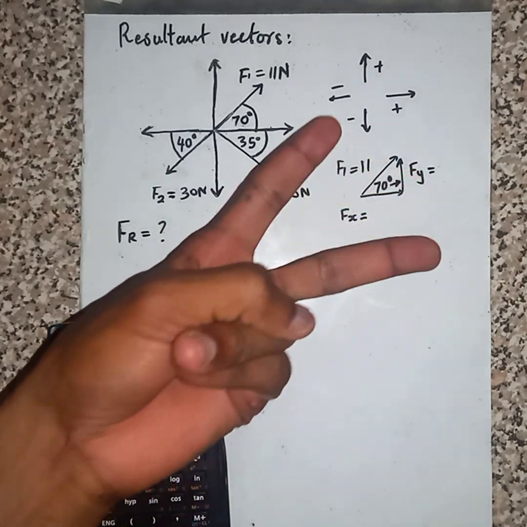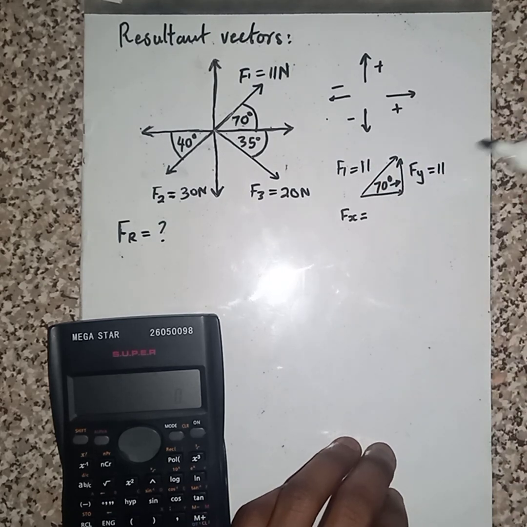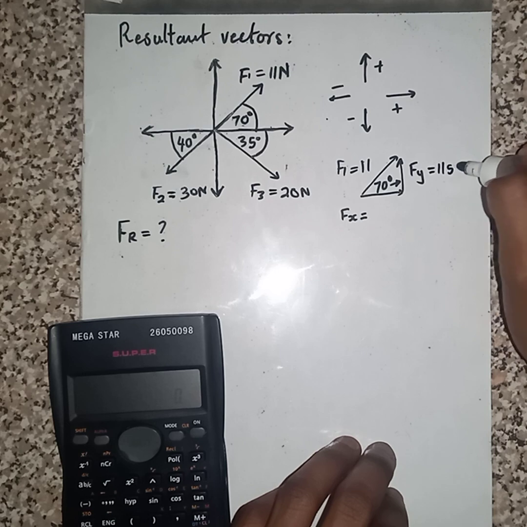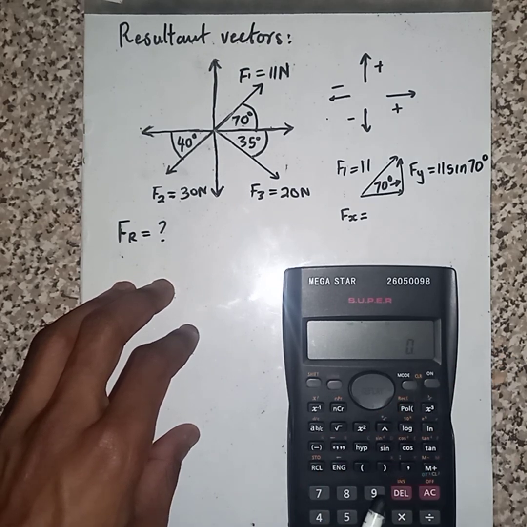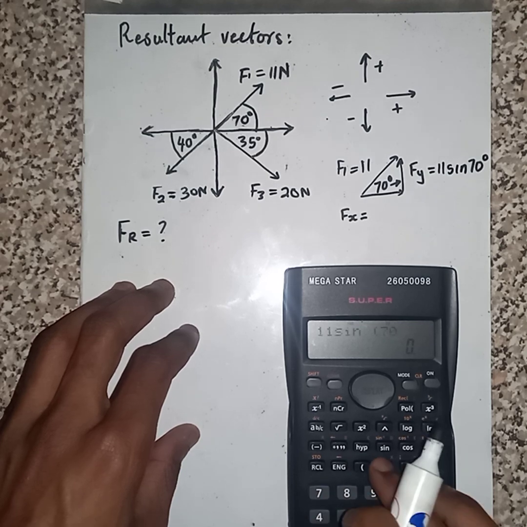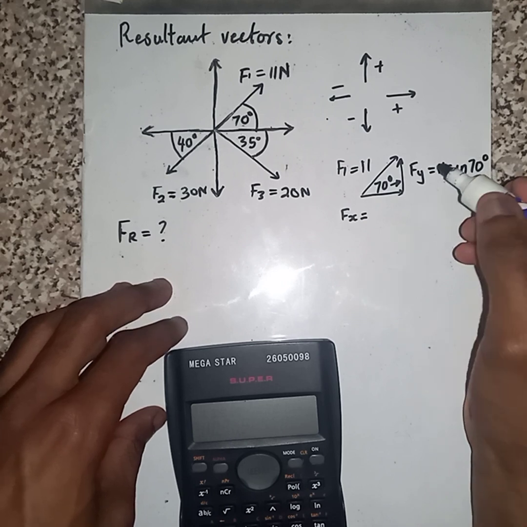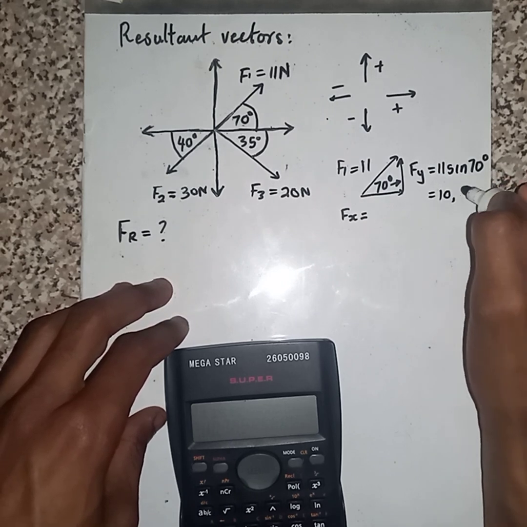So we are going to take 11, which is our hypotenuse, then put sine of 70 degrees. Let us take our calculator and see. 11 sine of 70 degrees, we get 10.34 newtons.